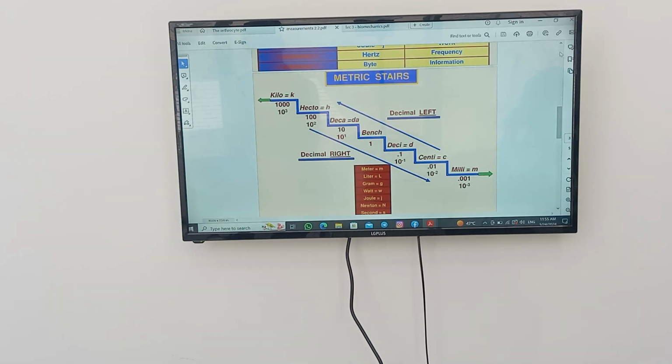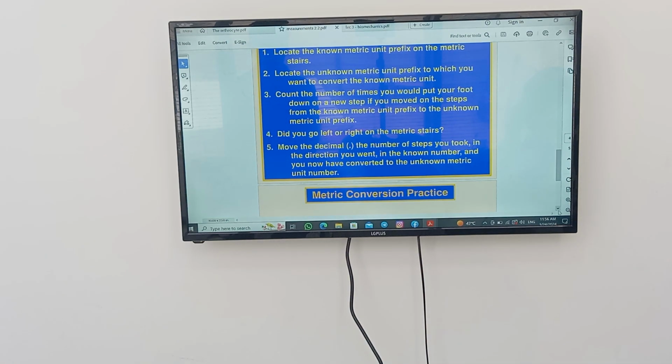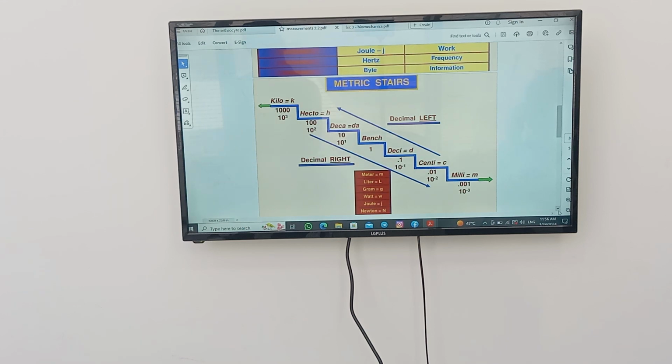Okay? Like if I want to convert a kilometer into a hectometer, how many steps do I need to take down the stairs? Only one. So I'm gonna take 1, 0 of them. Okay. Now we're gonna decide if you want to go left or right on the metric stairs.